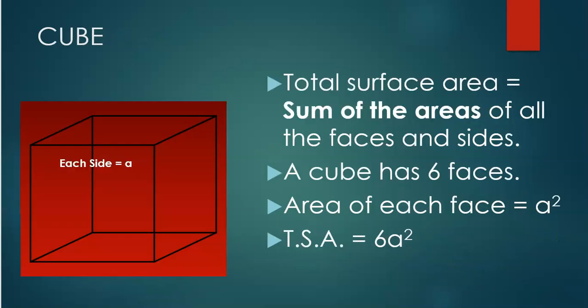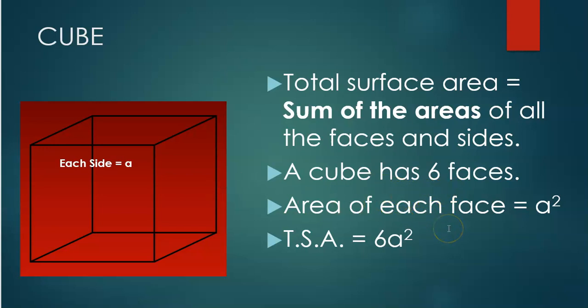Alright, so now moving on to a cube. We know from the properties of a cube that every side of a cube is equal, right? And a cube has 6 faces, right? So the total surface area, as we know from the previous slides, is the sum of all the areas of all the faces and sides.